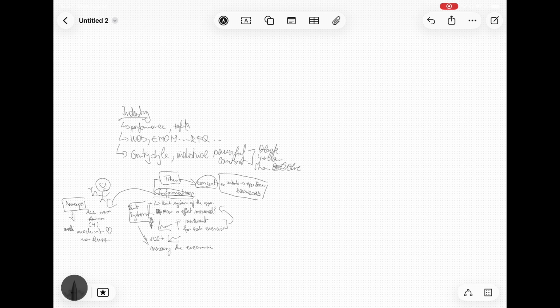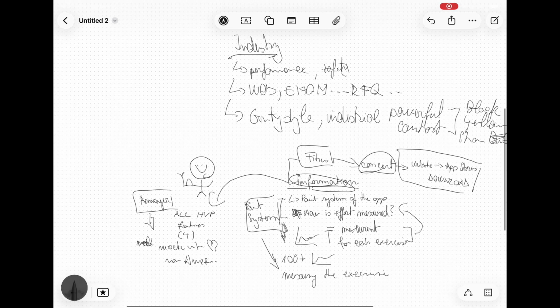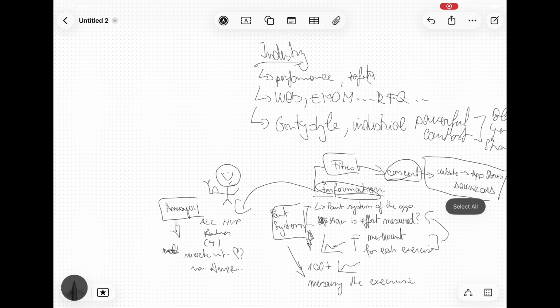What's our target audience? So as I previously said, these are going to be CrossFit people. The average age is probably going to be between 25 and 45. Looking at the survey that I had, I think the gender ratio is 55-45 male to female.